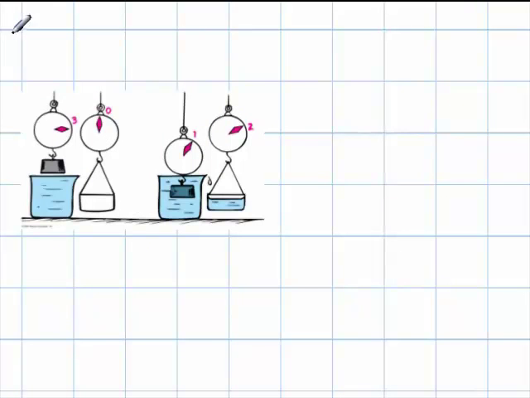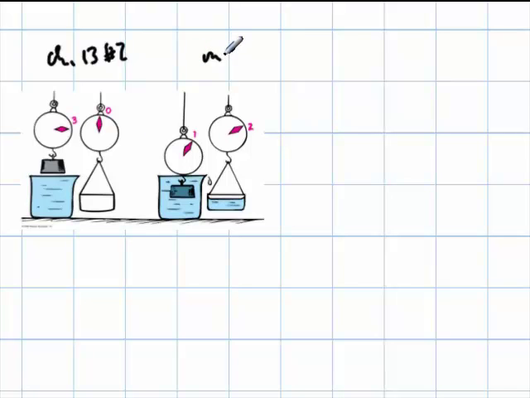So the next problem is chapter 13, number 2, and it says a 6 kilogram piece of metal displaces 1 liter of water when submerged. What is its density?